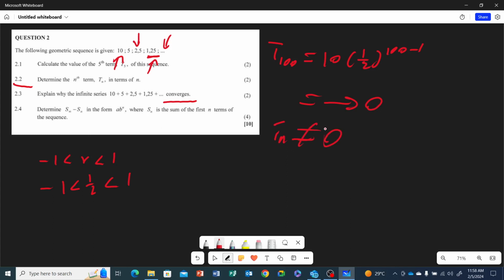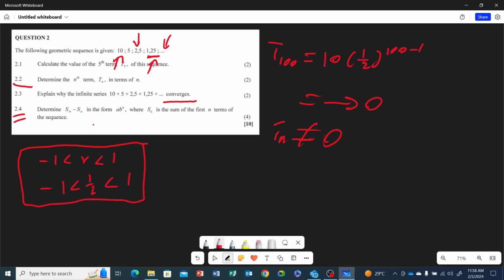So when we say it converges, we know where the series is going, even though it doesn't touch that exact number, but we know that it goes as close as possible to that particular value. Okay, I hope it makes sense. Let's go to the next question. So when you answer, you need to show this.